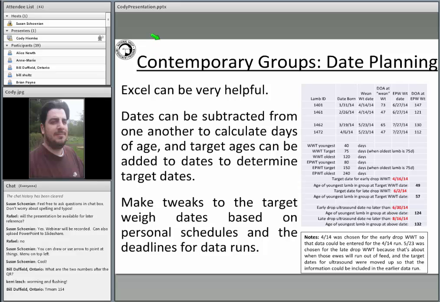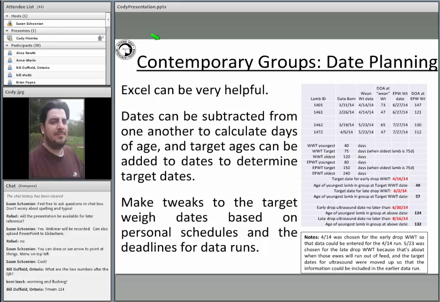One of the things that helps me in planning for contemporary group date planning is Excel. Now I do a lot of Excel work throughout the day. My day job is I've got one really big screen in front of me and one smaller screen, and I'm used to using Excel quite a bit. Excel can do a good job of subtracting if you've got a weaning weigh date and a birth date.